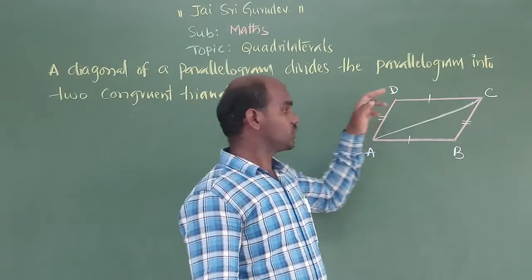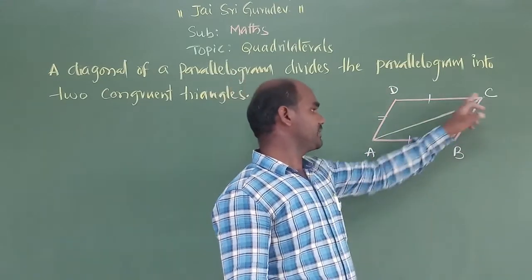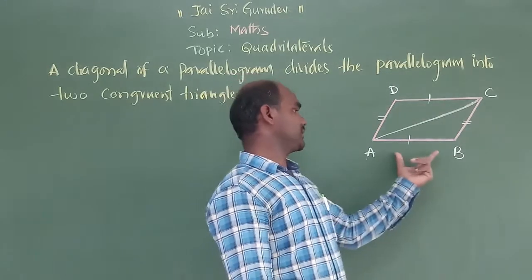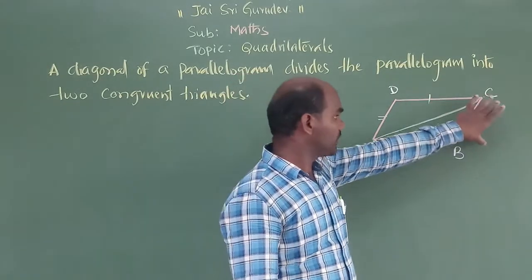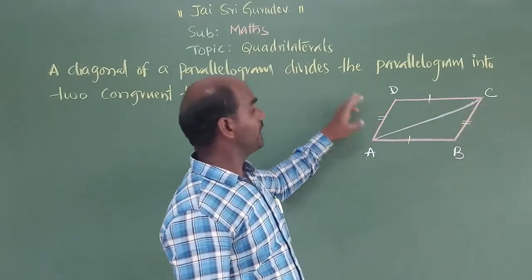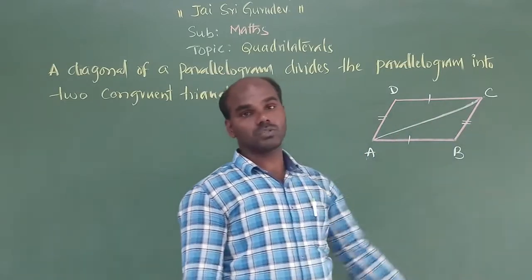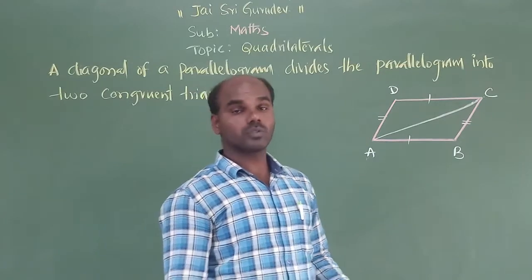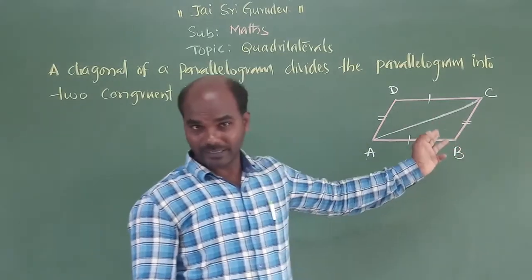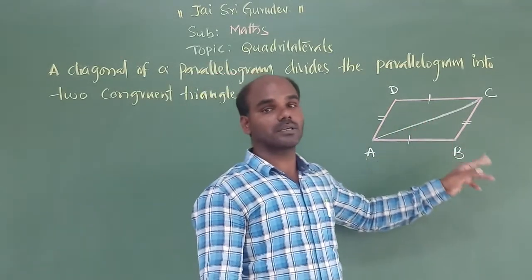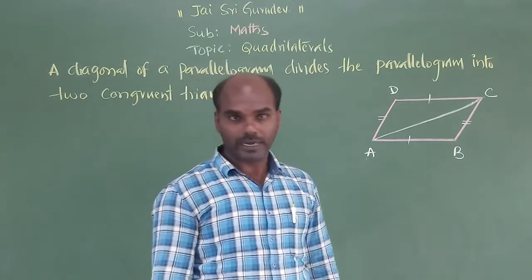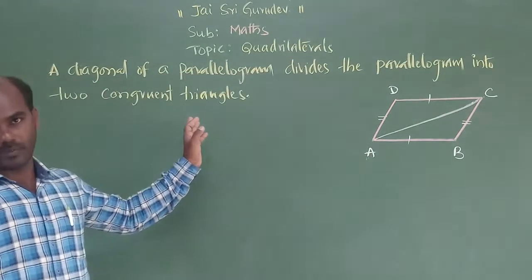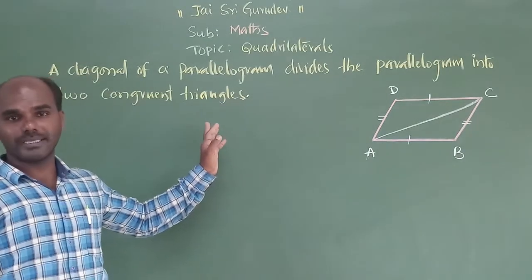So in triangle ABC and triangle ADC, AB is equal to CD as well as BC is equal to AD, and AC is equal to AC, it is a common side. So by the triple congruency rule, these two triangles are congruent triangles. Okay, so that is the process to complete this problem. Dear children, do you understand the process?